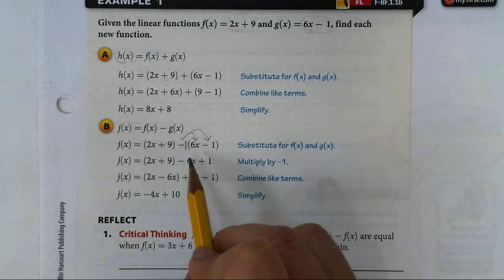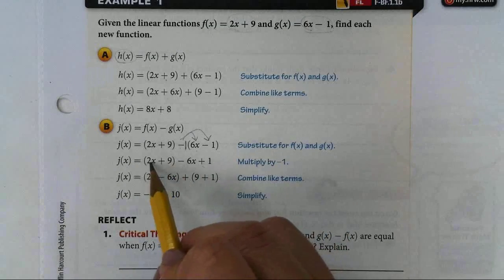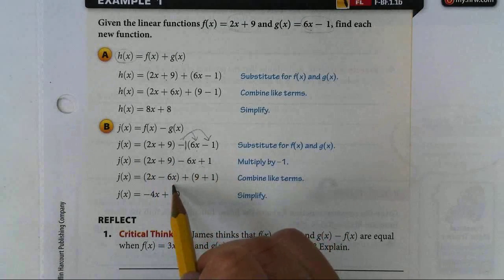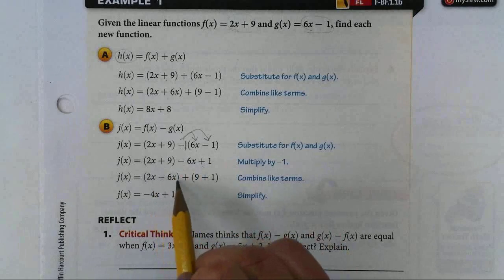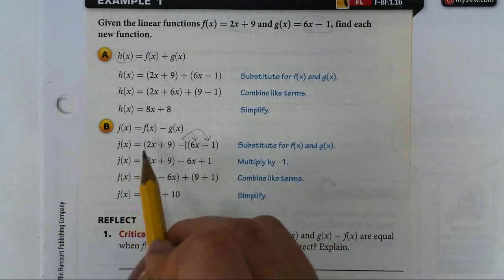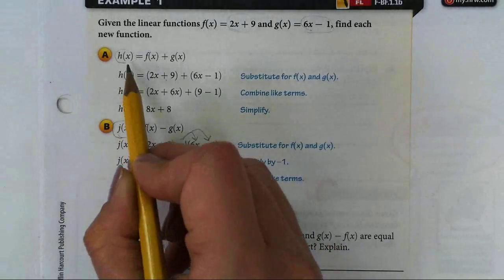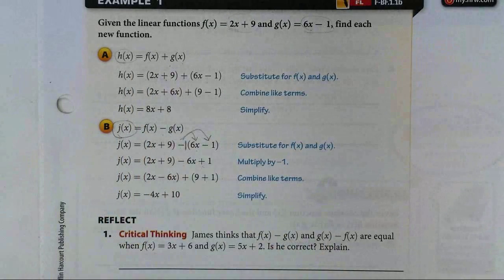Now that you've got this, you can rewrite it: 2x minus 6x, and then 9 plus 1. So 2 minus 6 gives you negative 4, and 9 plus 1 gives you 10. Again, notice that they renamed it. h of x was when you added, and j of x was when you subtracted. That's all you're really doing.